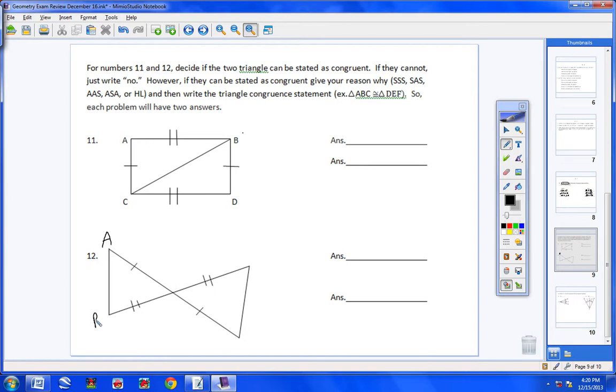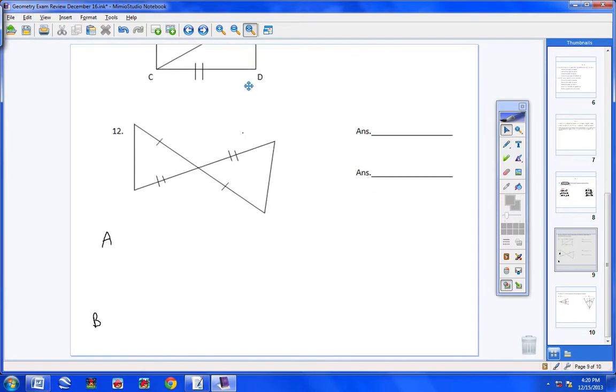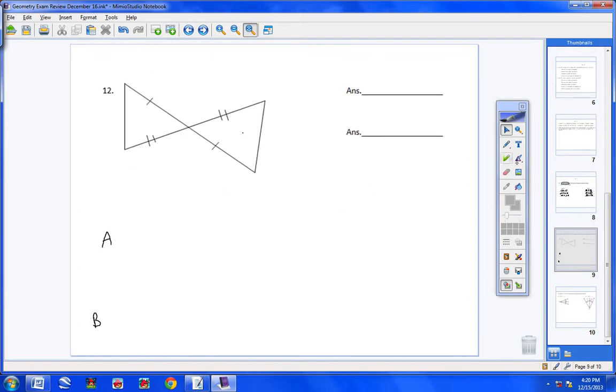We'll put A, B, and actually on second thought I am going to cut those. I think it'd be a little easier if we did. So there we go. I'm going to very quickly separate these 2 triangles.